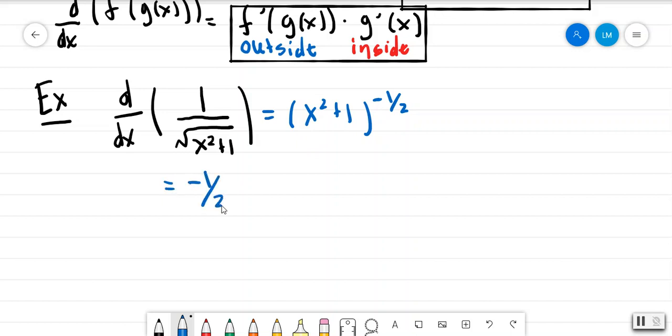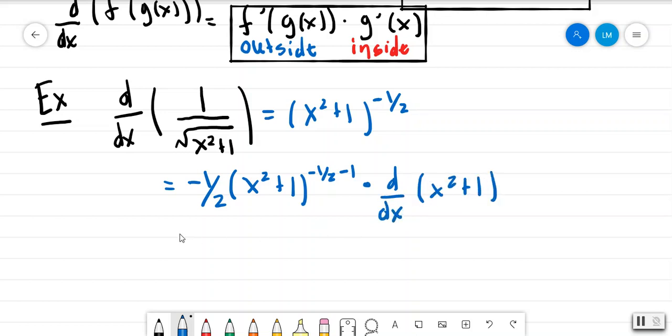You have negative 1/2 multiplied by x squared plus 1 raised to the negative 1/2 minus 1, multiplied by the derivative of x squared plus 1. That gives you negative 1/2 times x squared plus 1 to the negative 3/2, multiplied by the derivative of x squared plus 1, which is just 2x.